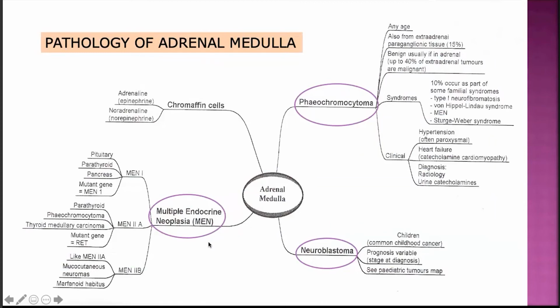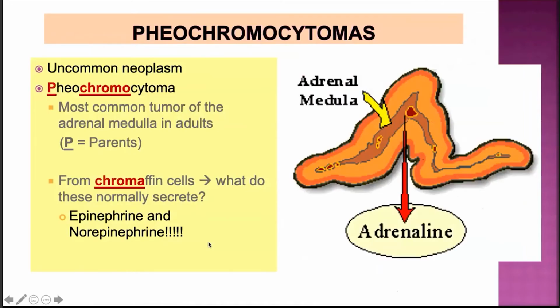All right. So for the pheochromocytoma, the tumor, uncommon neoplasm that arising from the medulla. Pheochromocytoma, this is the way how to remember. P means parent, so you know that this is adult tumor.